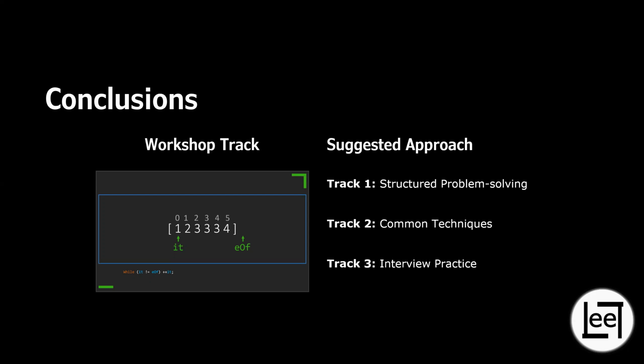The second track would go over common techniques for solving technical interview questions. This could be using 2 pointers or breadth first search. The third would be actual interview practice, learning how to explain your stream of thought as you solve a problem and presenting a difficult problem in front of others.